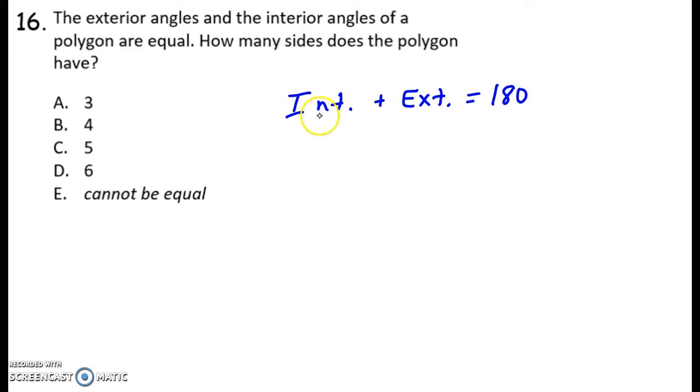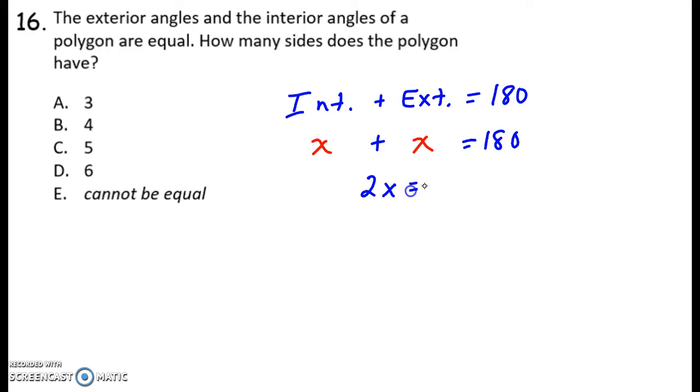If these two are the same, what two numbers add to 180 that are the same? So let's just figuratively give this a variable x, which then has to be the same as the exterior angles, x, and that is all equal to 180 degrees.